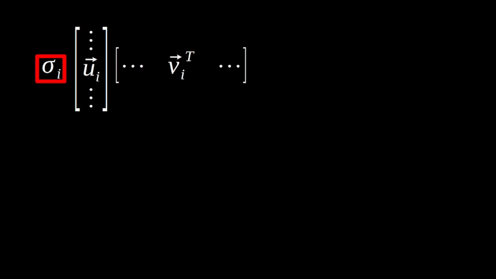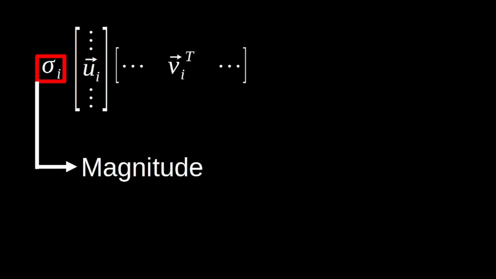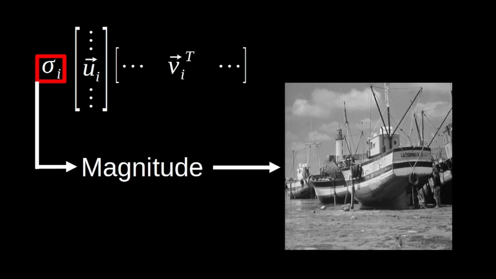And those singular values are really just a numerical measure of how much each rank 1 matrix contributes to constructing that original matrix, or in the case of this example with images, how much that rank 1 matrix means to reconstructing the original image.